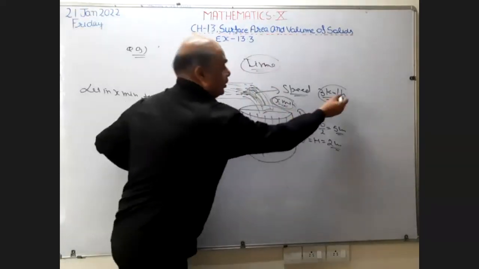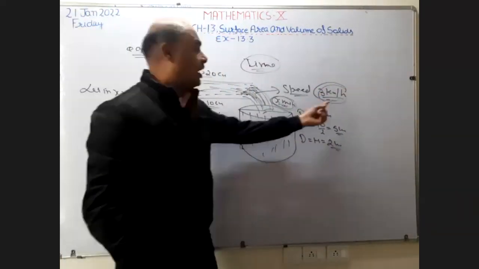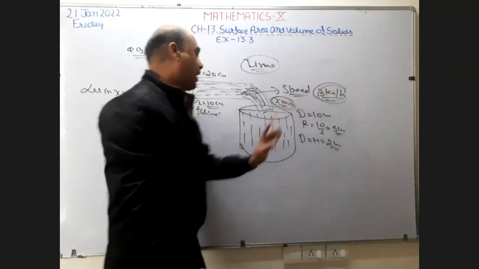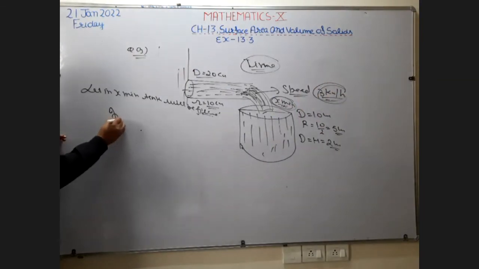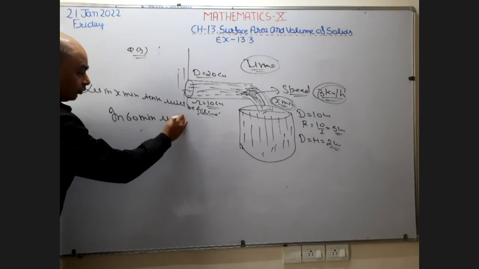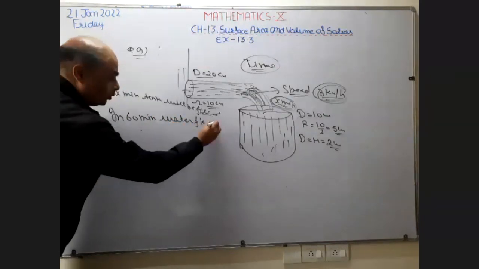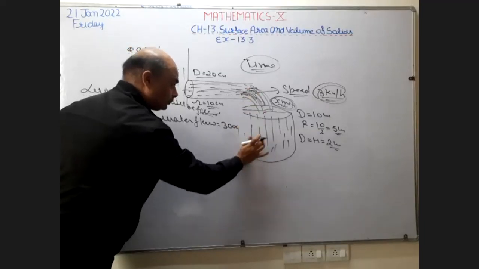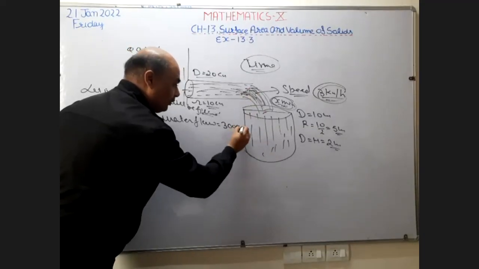Now speed is given. 3 kilometer per hour means in 1 hour it's going to flow 3 kilometer, or 3000 meters. So I write here, in 60 minutes water flow equal to 3000 meter.